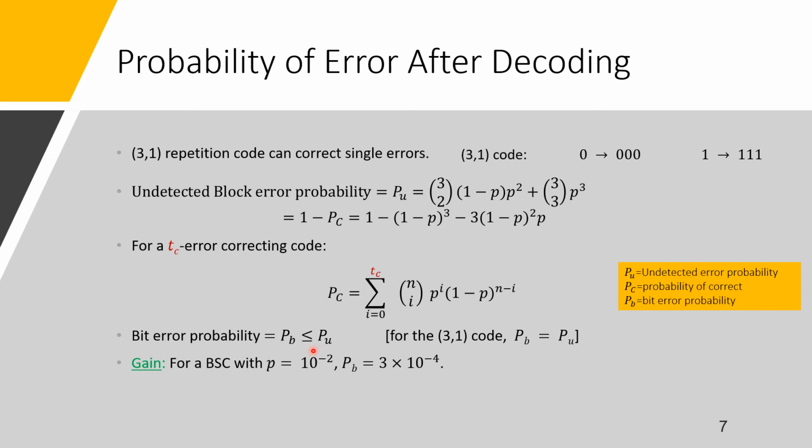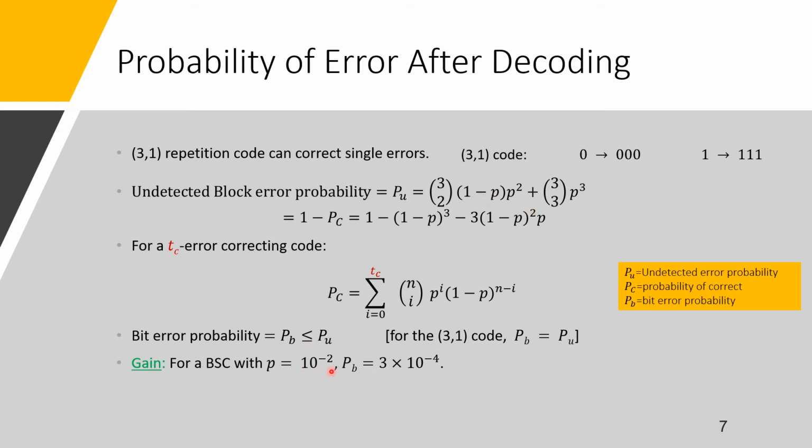So for this example that we had, a 3 to 1 repetition code for binary over the binary symmetric channel, the probability of having error in the beginning without coding is 10 raised to the power minus 2. This is your rho, this is coming from the channel. But after coding, if you use repetition code, this will drop. I get this through substitution here, just substituting for rho for this example.